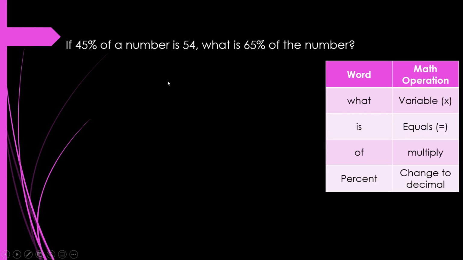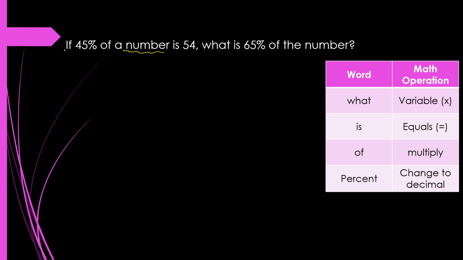This one's a little bit more complicated, but you just got to think of it kind of as 2 separate questions. Take it one step at a time, okay? It says, if 45% of a number is 54, what is 65% of the number? So the first thing we need to figure out here is, well, what is this mysterious number that this question is talking about?